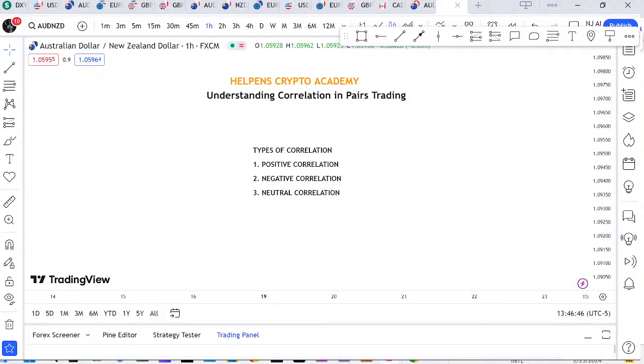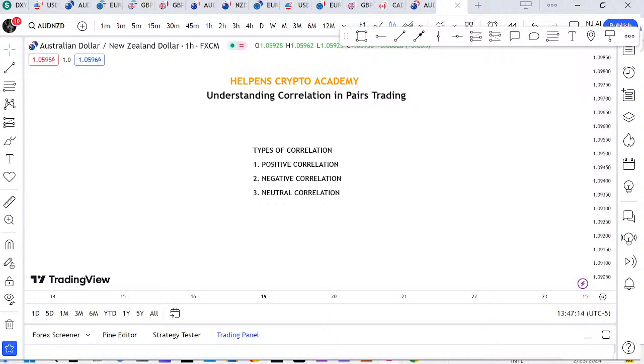Because of our time, I will not talk much about it today. I will be looking at negative correlation and neutral correlation. Last week I said positive correlation is when two forex pairs are moving in the same direction.